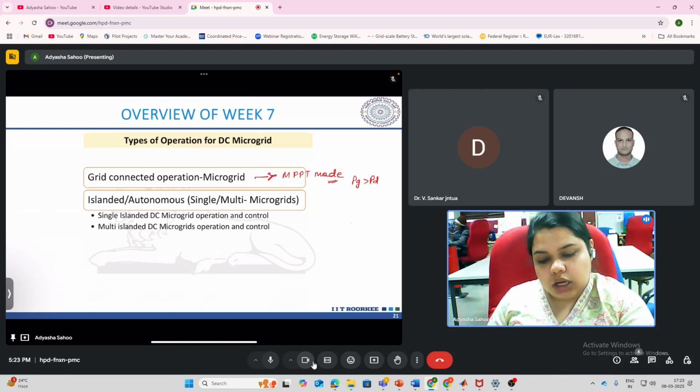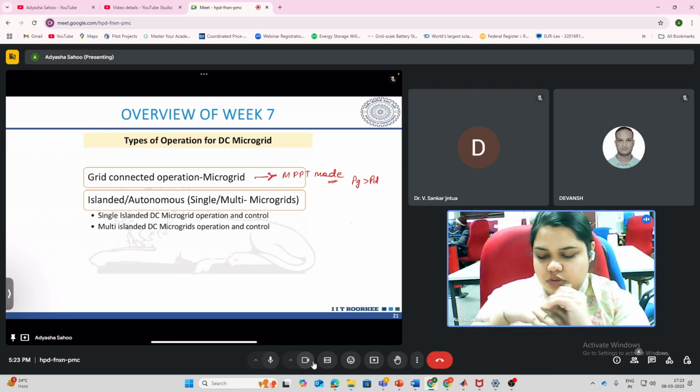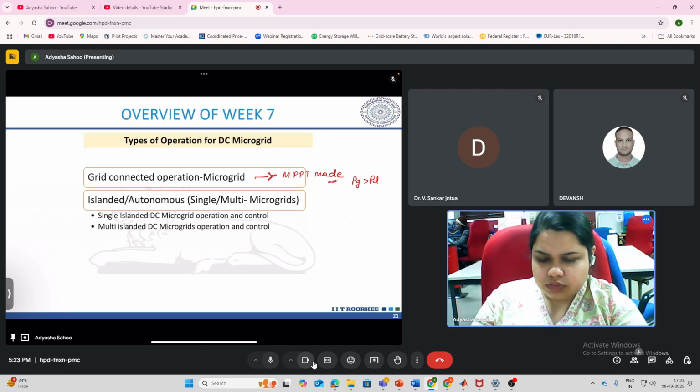But in the islanded mode of operation, there are certain challenges. It will depend again whether you are having a battery with you or not. And if you have a battery, it will depend upon the SOC of the battery, whether you will go for load curtailment or renewable curtailment or something like that, depending upon the case studies.